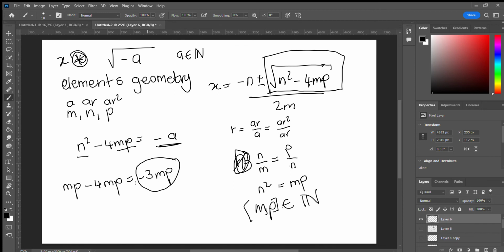Thus, we'll always get a negative integer under the root. Having the root of a negative integer shows that the roots of x are non-real.